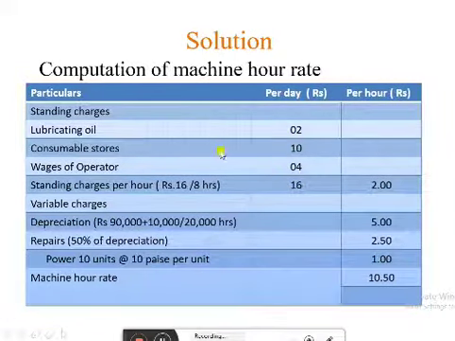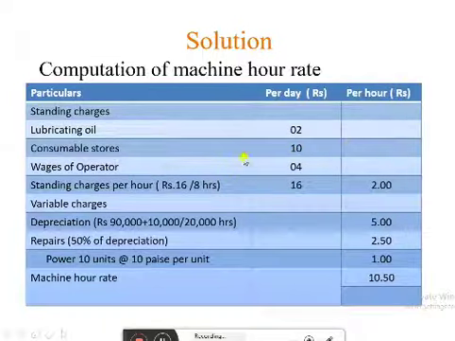We call these standing charges: lubricating oil, consumable stores and wages of operator.